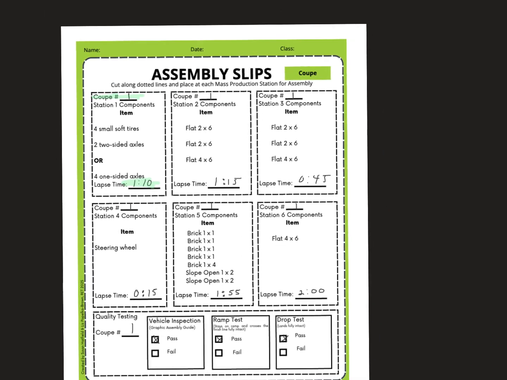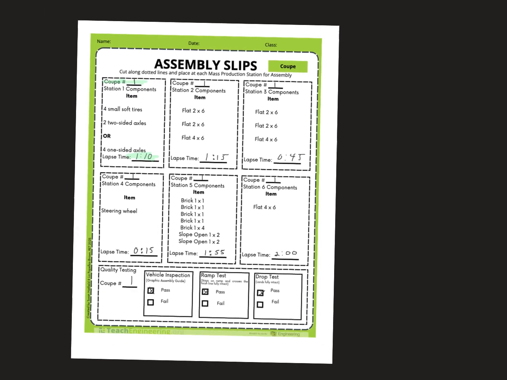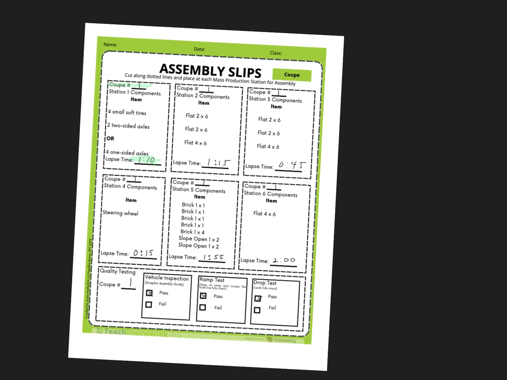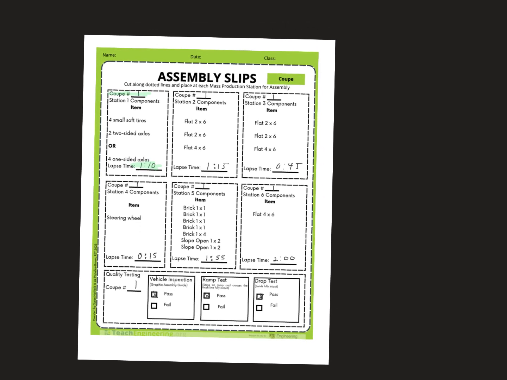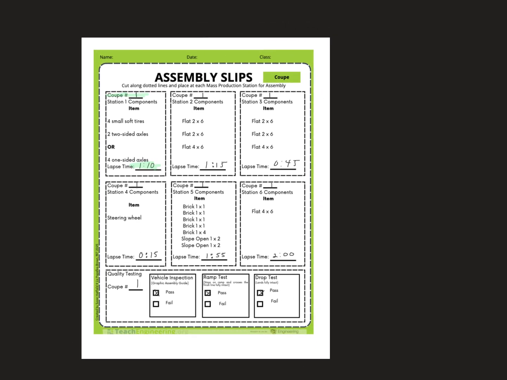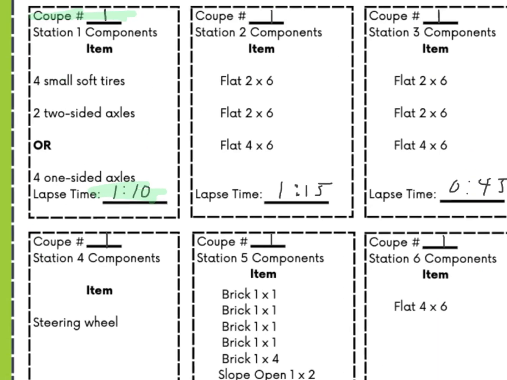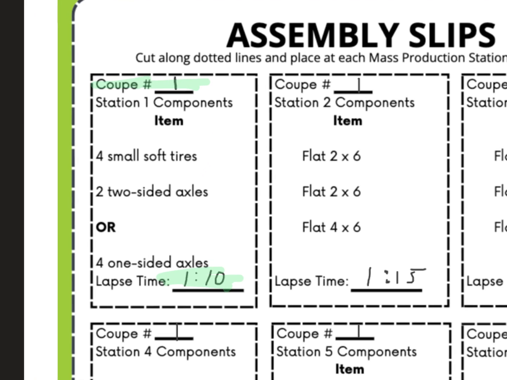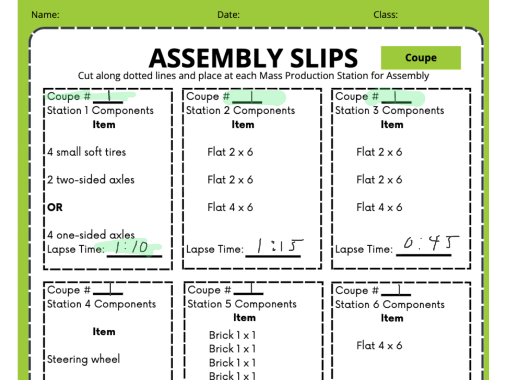When we did this activity in classrooms, some students, when they were entering the data into the spreadsheet, decided to put all of the station 1 slips together, and some students chose to take all of the slips from each individual car and put them together.